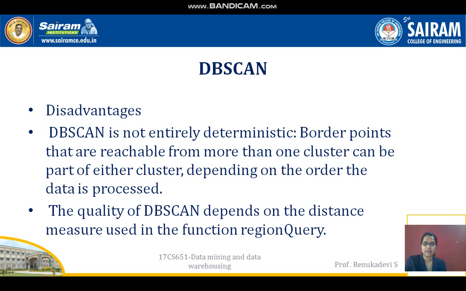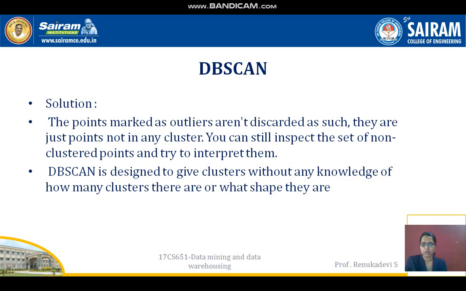DBSCAN is not entirely deterministic. Border points that are reachable from more than one cluster can be part of either cluster, depending on the order in which the data is processed. The quality of DBSCAN depends on the distance measure used in the function region query. And the solution for this: already we discussed the strengths and weaknesses.